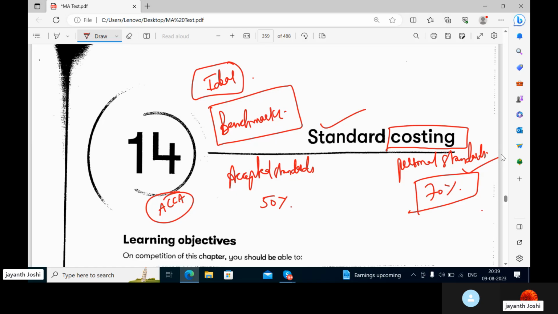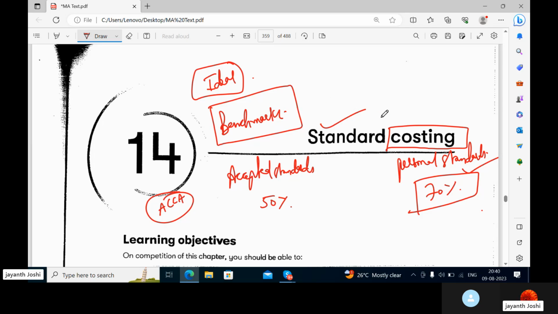That is standard. When we set some standard, or decide what something should be according to us, then whatever the actual outcome is going to be, I can compare it with the standard which I have set, or with something which I wanted it to be.